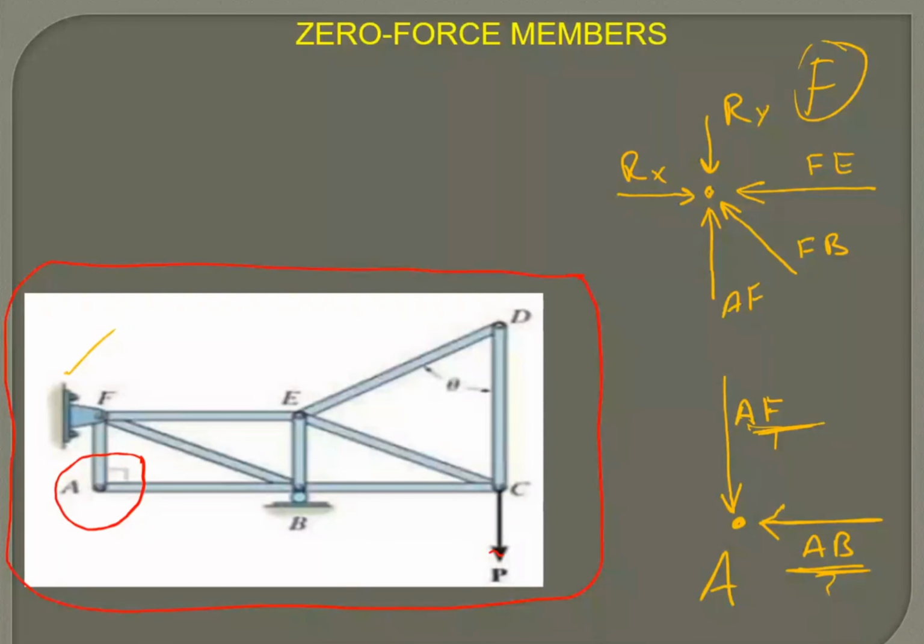Is that the free body diagram of pin F? Yes, sir. Okay, now I'm going to start the analysis. I will do the sum of all the forces along Y.